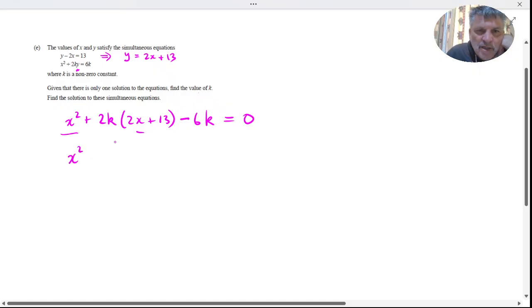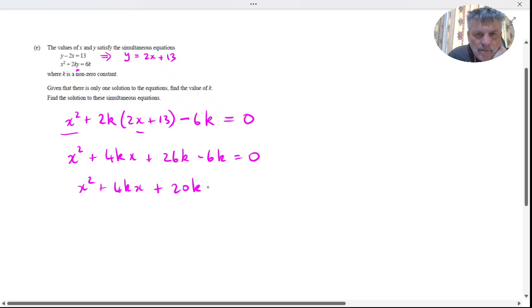So it's x squared, 2 2s are 4, k times x, so plus 4kx, and then plus 2 13s are 26k, minus 6k equal to 0, so x squared plus 4kx plus 20k equals 0.